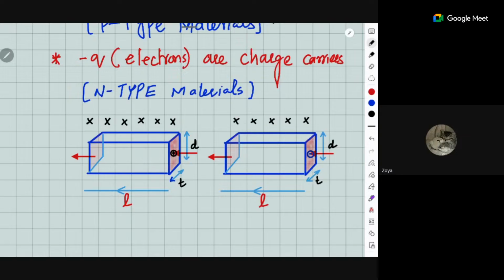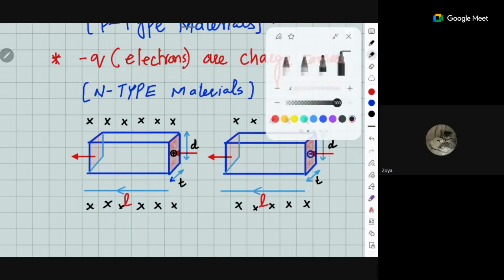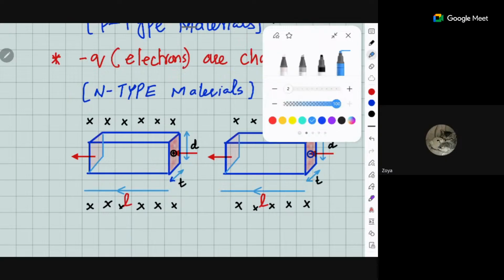Now, Hanzala, tell me please, what would be the direction of motion or direction of drift of positive charge carriers? Yes, Zoya, can you tell me? Downward? Yes, you are right.